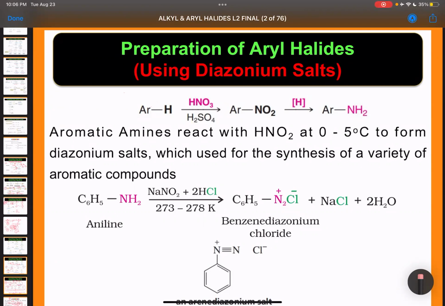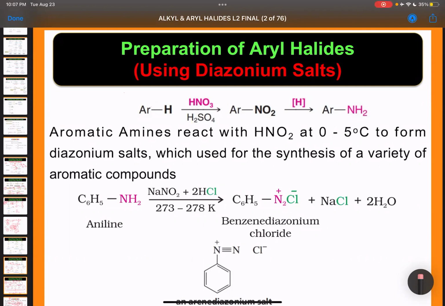Because sometimes the question may be based on indirect methods, in which they are creating a chlorobenzene or bromobenzene, not by doing its chlorination or bromination in the presence of Lewis acid directly, but indirectly. That is the indirect way of doing halogenation.